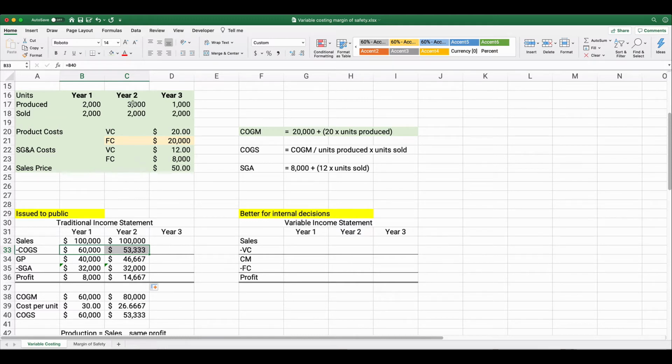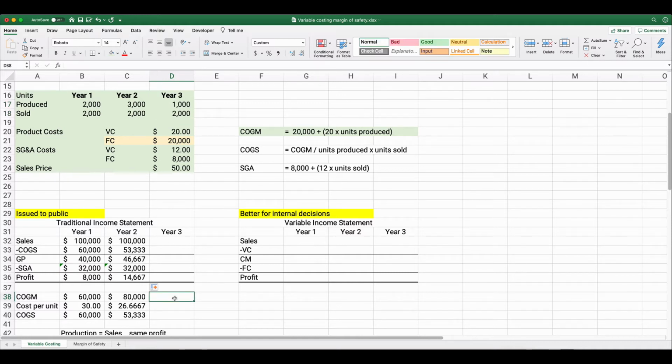Well, this happens if we produce more than what we sell. Year three, we're going to produce 1,000 and sell 2,000. Where do we get that other 1,000 we sell? It's from year two. So we know those items have a cost of $26,667. All right, so we've got to be careful on this one.